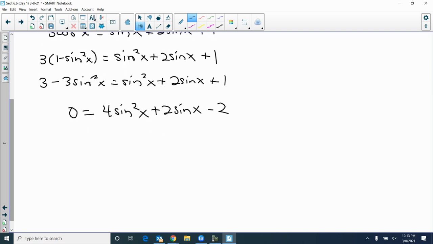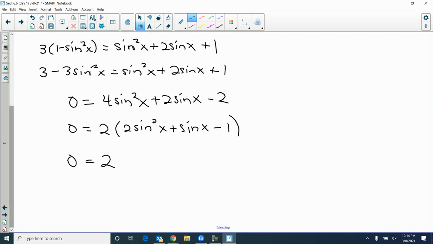You could solve this one without factoring out. I'm just going to factor it out just to make it a little bit easier. GCF of 2. And I get 2 sine squared x plus sine of x minus 1. All right, go ahead and factor the 2 sine squared x plus sine of x minus 1.